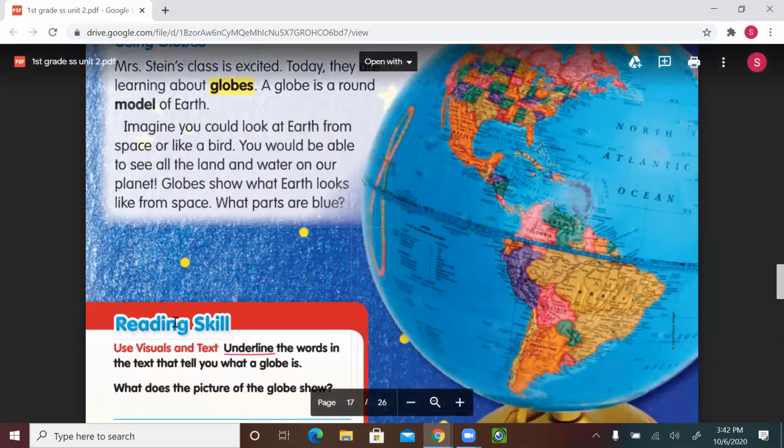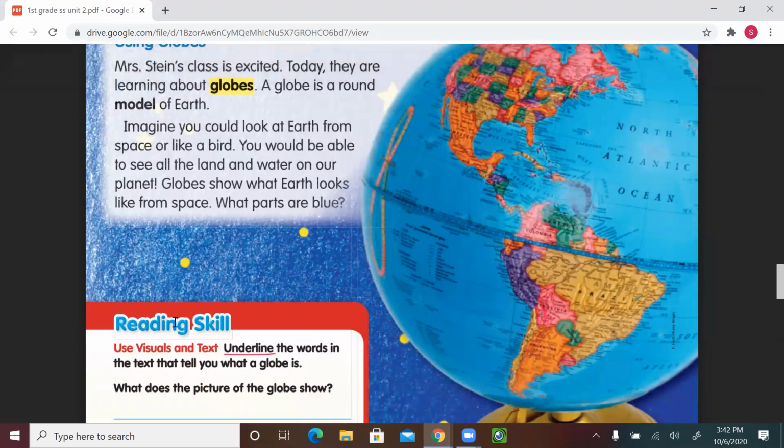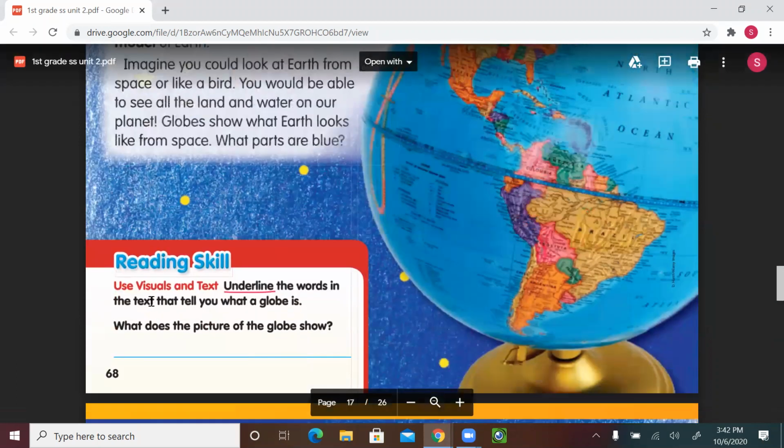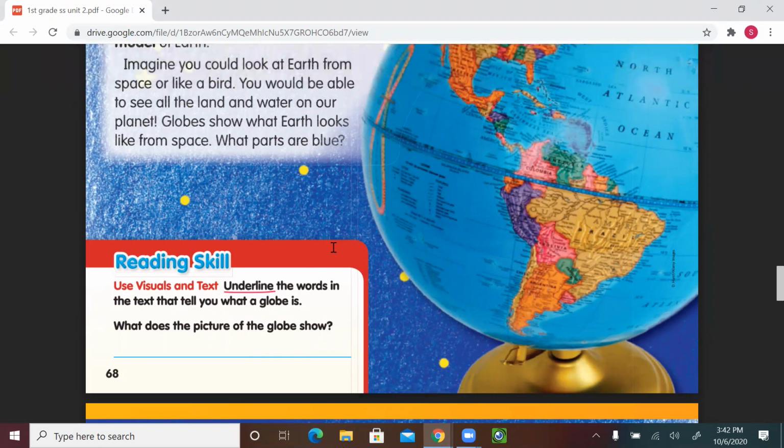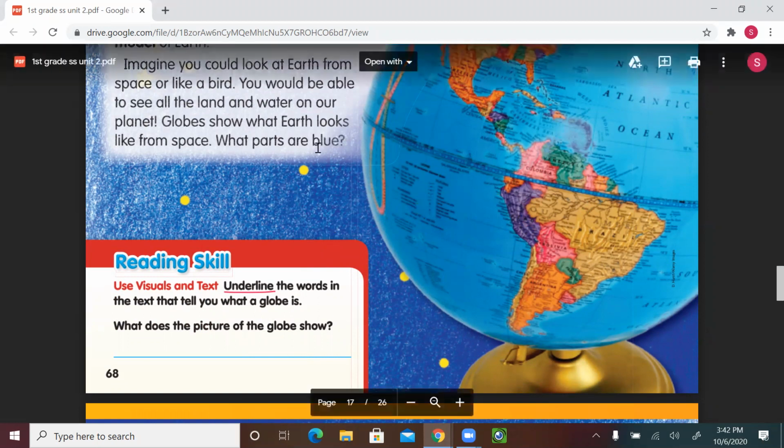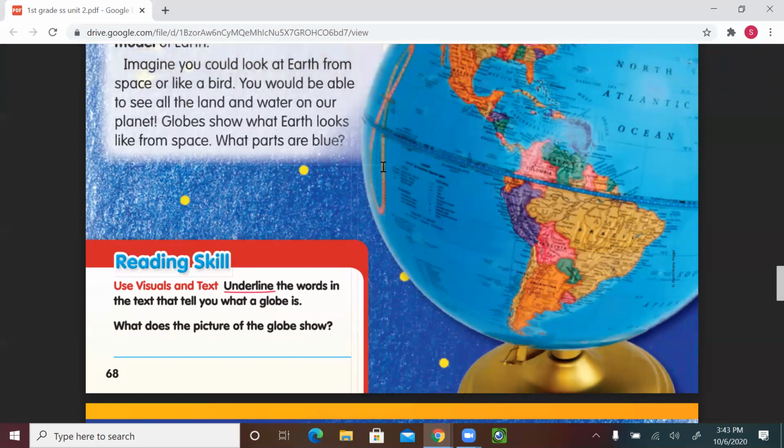All right, reading skills: use visuals and text. Remember, we covered this at the beginning of the unit. A visual is a picture or drawing that helps you understand the text, and text is the written information related to that picture, and both help you understand the details about the topic.